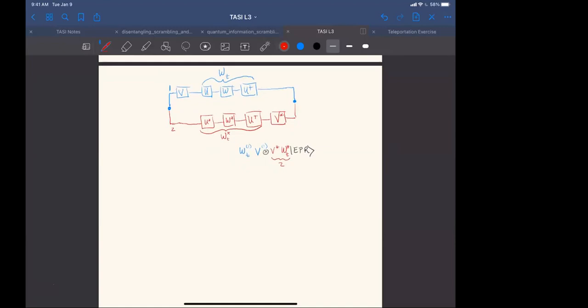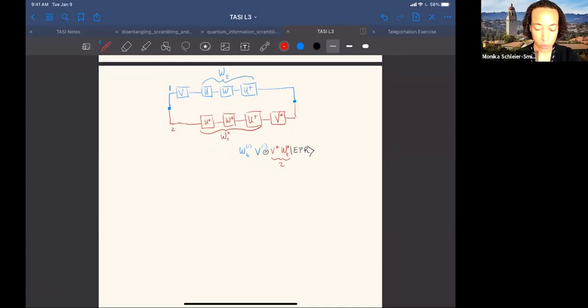Good. One other thing that's really useful to know about these EPR states is that they have the nice feature that if I apply some operator, let's call it O, to one copy of my system, that's the same as applying the transpose of that operator to the other copy.